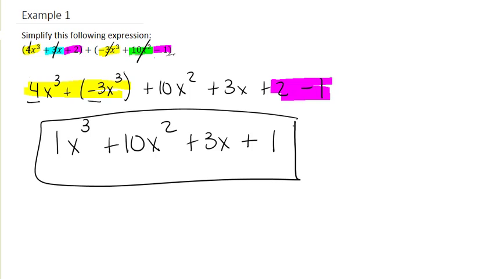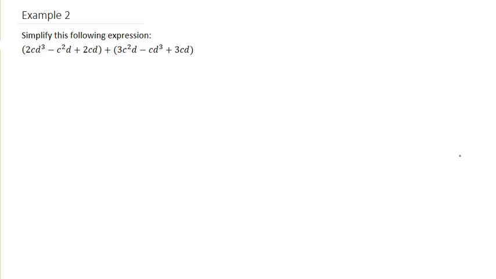So now let's look at another example. Example 2. Simplify the following expression. Now we have numbers that are in front of multiple variables, so we need to make sure we have the exact same variables when we are trying to add these together. So let's find one with c d to the third.